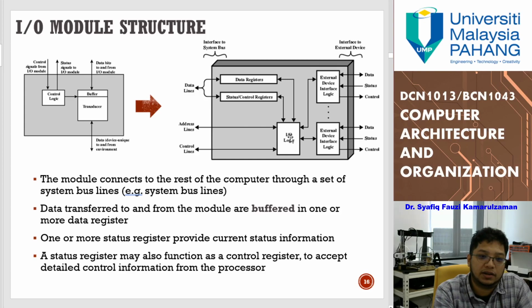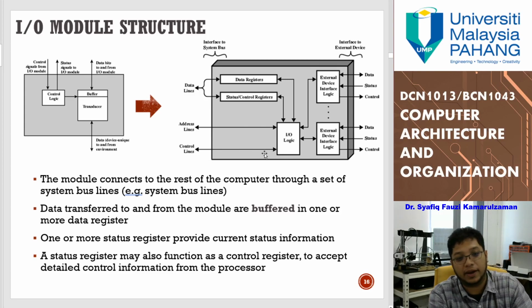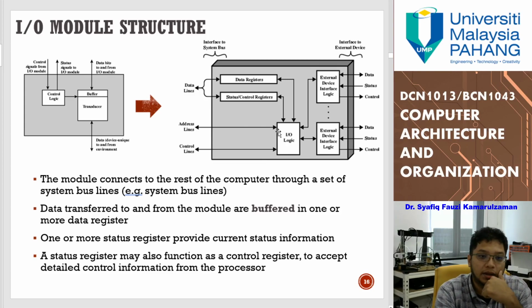The purpose of the I/O logic is to allow data to come in or go out of the I/O module, depending on the control lines provided by the CPU. The I/O logic will give out the address lines, what kind of address each of these interfaces has.